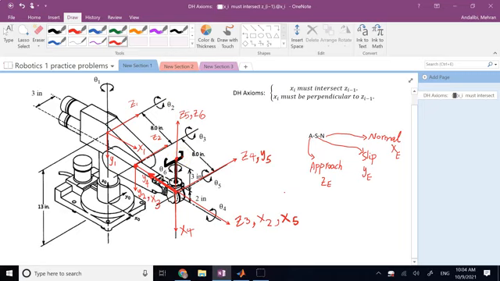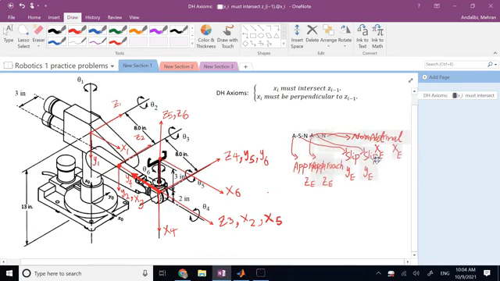You can choose it to be any direction. I choose it to be something parallel to x5, therefore I choose my x6 to be like this. And if that's x6, then that's z6, then this is also going to be y6. There we go.